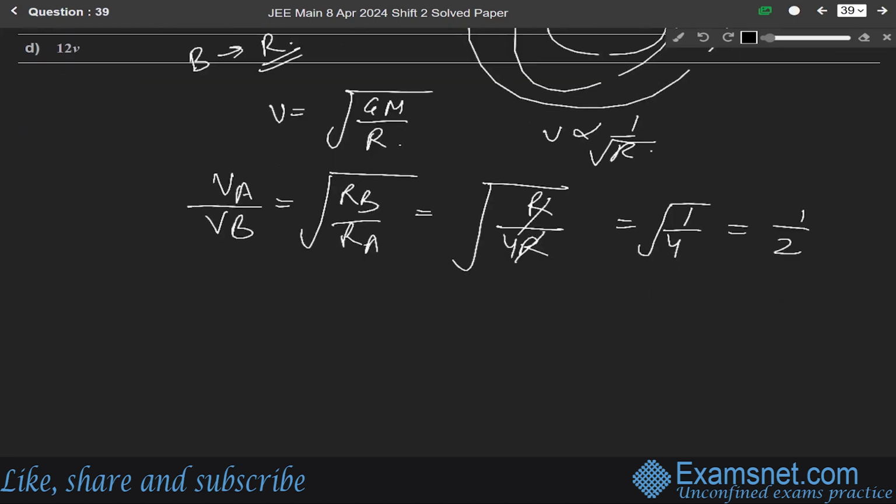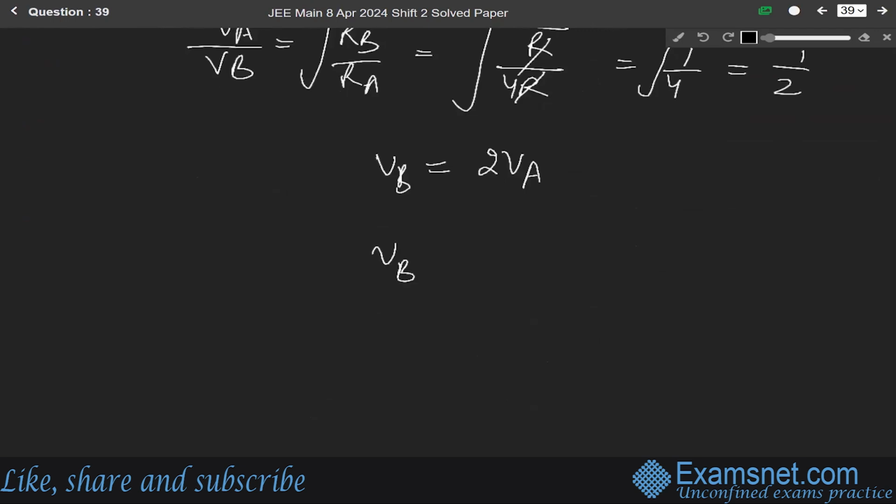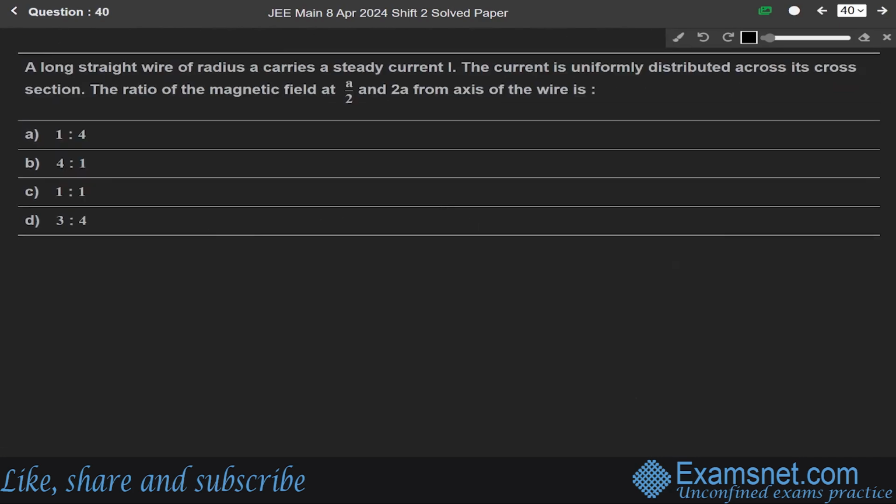So from here, VB will be equal to 2VA. Okay, and VA is given as 3v. So VB will be equal to 2 into 3v, which means 6v is the answer, which is option C. Now 40th question.